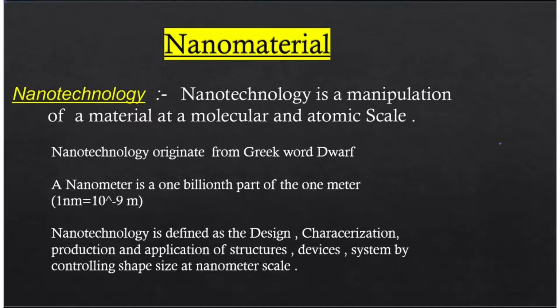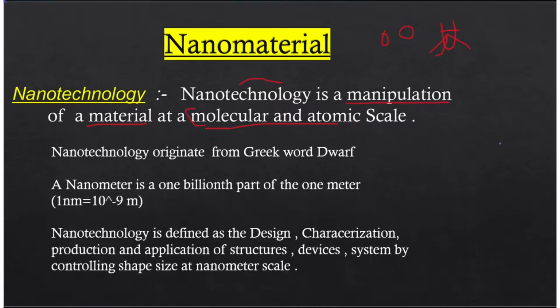For example, when we add two materials or subtract two materials from any solution or any compound, this is called manipulation. So nanotechnology is a manipulation of a material at molecular and atomic scale.